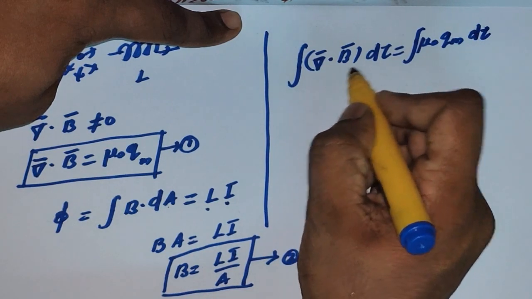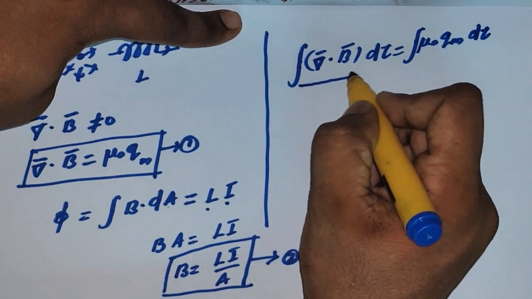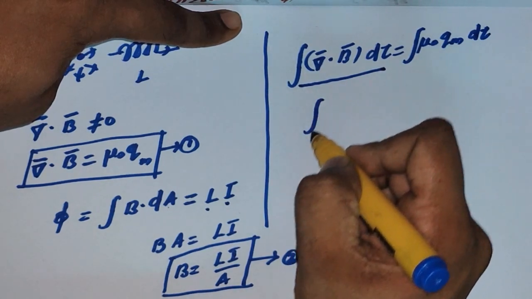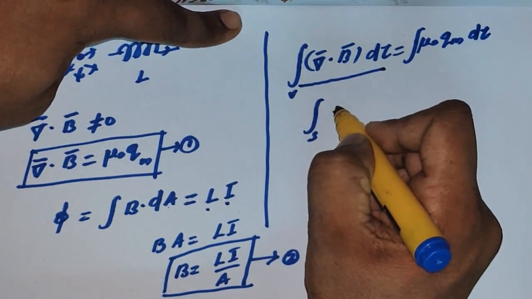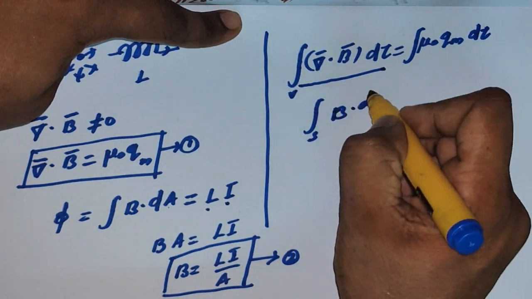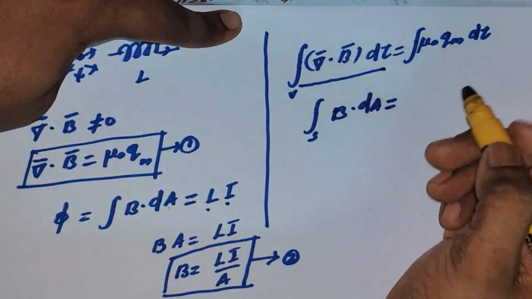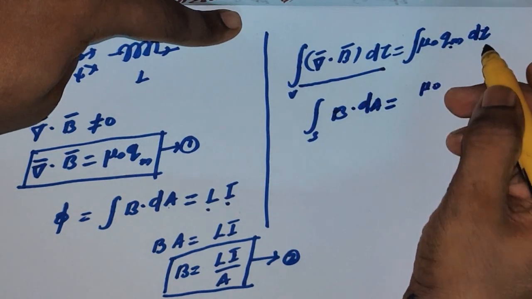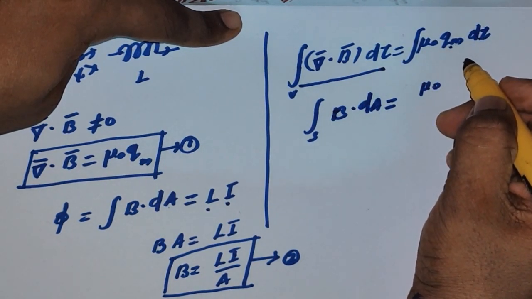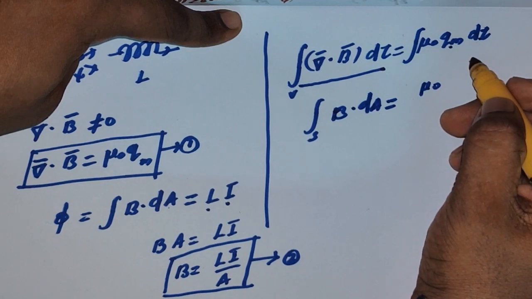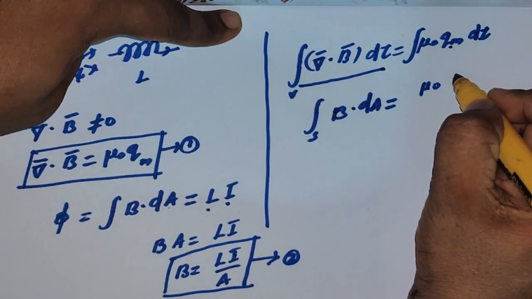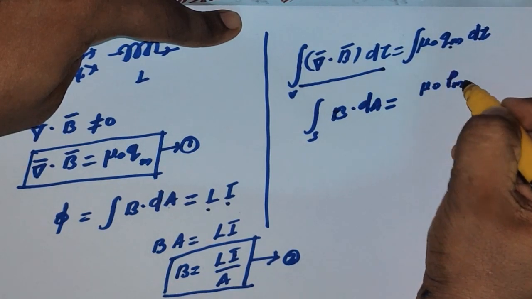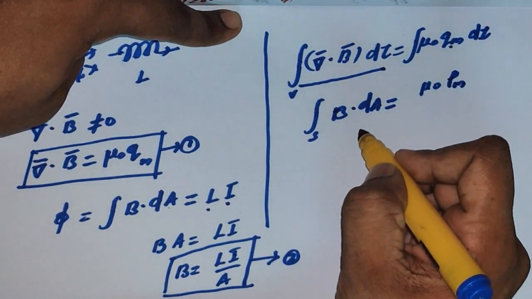Using the Gauss divergence theorem, this volume integral equals the surface integral of B dot dA, which equals mu naught times the charge per volume, the charge density, which we call rho m, the magnetic charge density.